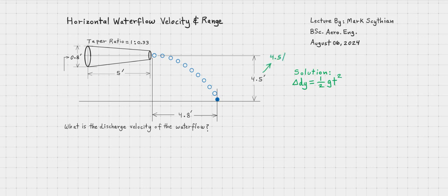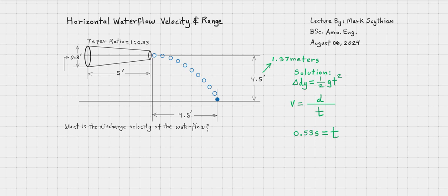So we can take the 4.5 feet altitude and convert it to meters, and then simply take the gravitational acceleration on Earth, 9.81 meters per second squared, times t squared, and then just solve for t squared. So it would take 0.53 seconds for the water to free fall if it wasn't moving.